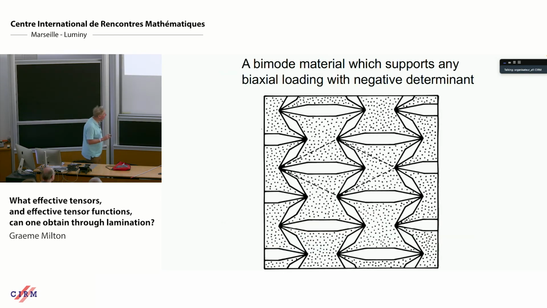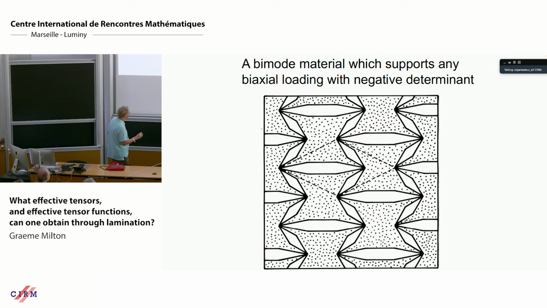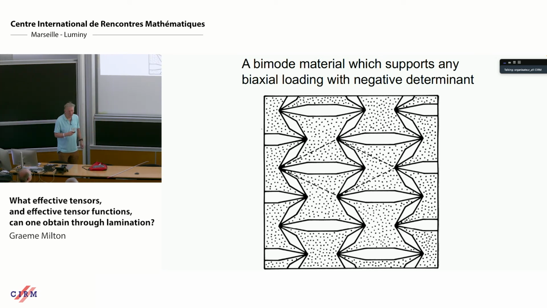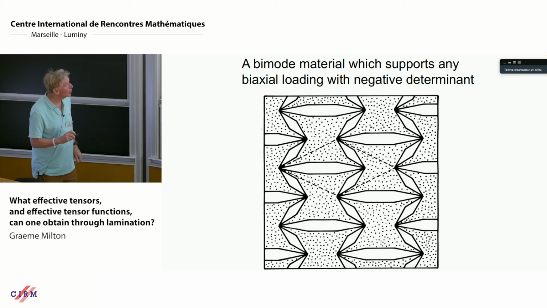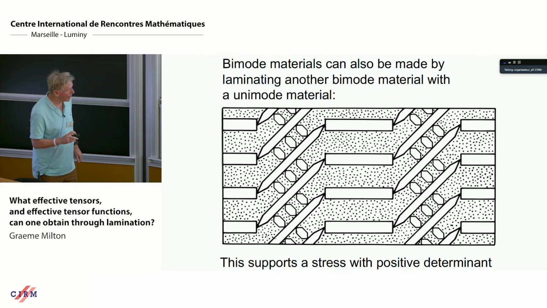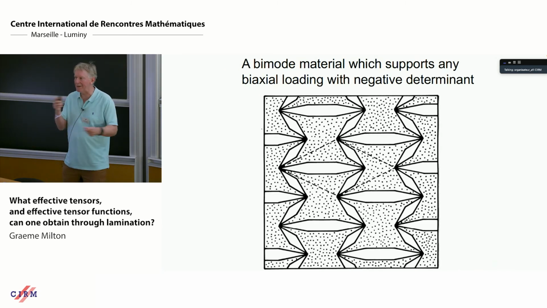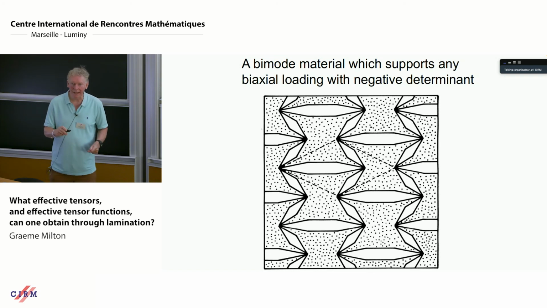So you can also have structures which support any loading with negative determinant. In other words, if I press it from the sides and pull it in this direction, then it will be stable, it won't deform. I should say, once you've got all these extremal materials, the idea is to laminate the extremal materials together to get any possible elasticity tensor.